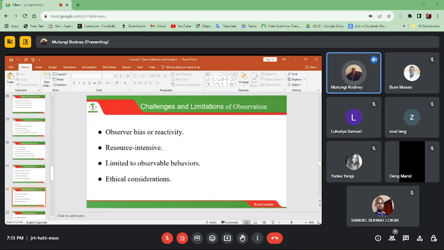But of course, like we said, you should be able to design your data collection methods in a way that you have a couple of them to complement each other. You have observation, you have surveys, you have focus group discussion, so that you can increase the power of your study. You can increase the fact that your study can be generalized to the target population or the entire population.